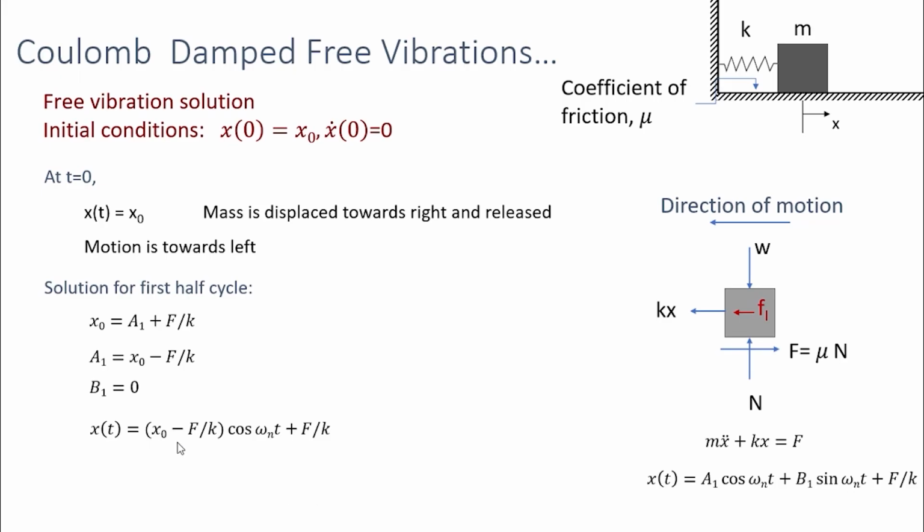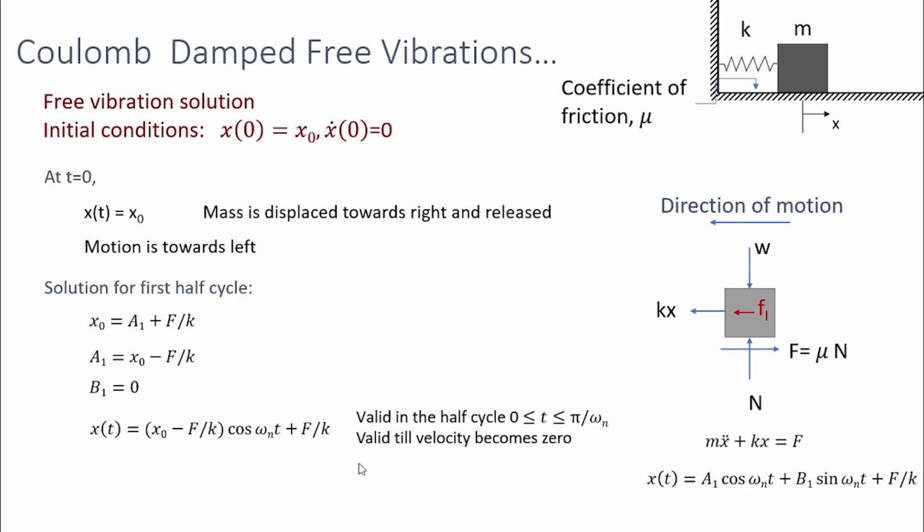Now we can write the solution for this system in the first half cycle. That would be x naught minus F by k, times cos omega nt, plus F by k. So it's a cosine function with an amplitude x naught minus F by k, and it is shifted in the positive y direction by F by k.